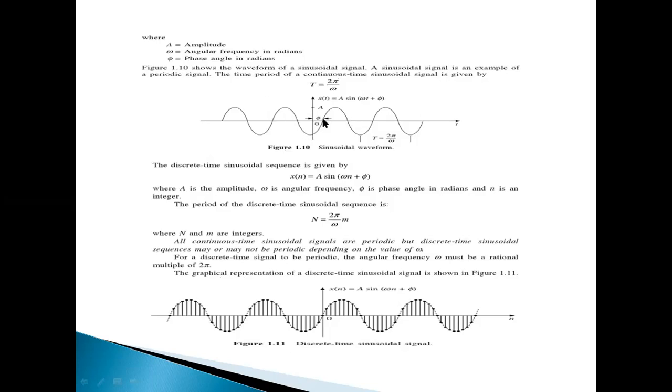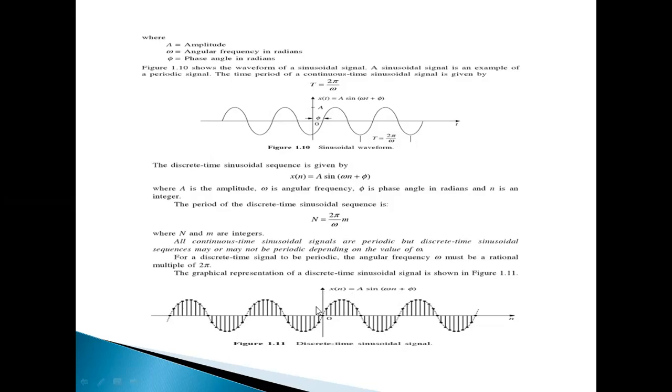After sampling the continuous time sinusoidal signal, we get the discrete time function. At specific intervals of time, we take time as discrete and amplitude as continuous. In this graphical representation, it is a periodic one.